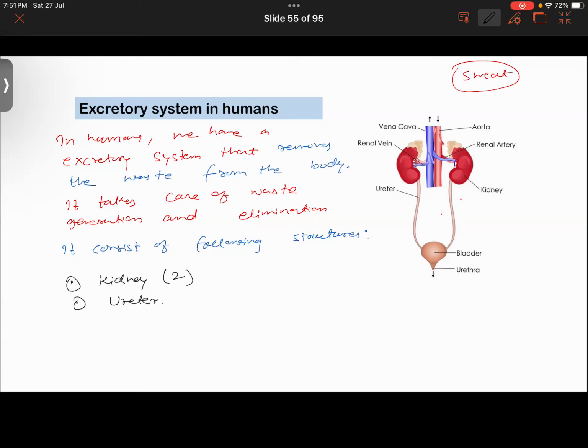Sir, what's the reason for the ureter being there? What's the use of it?